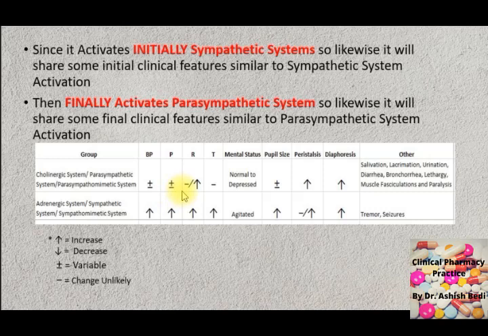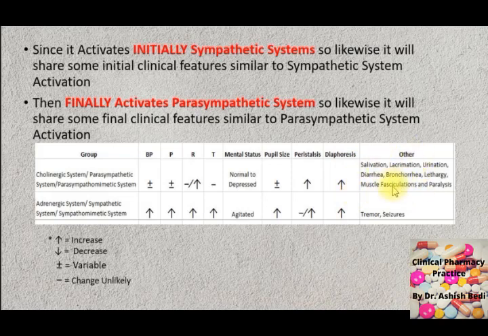Respiration can be normal or it can increase. Temperature will be normal, and the patient will become depressed clinically. The pupil size is changing, dilated or constricted depending on the patient and what they are experiencing at that point of time. Peristalsis will increase, and diaphoresis or sweating will increase.